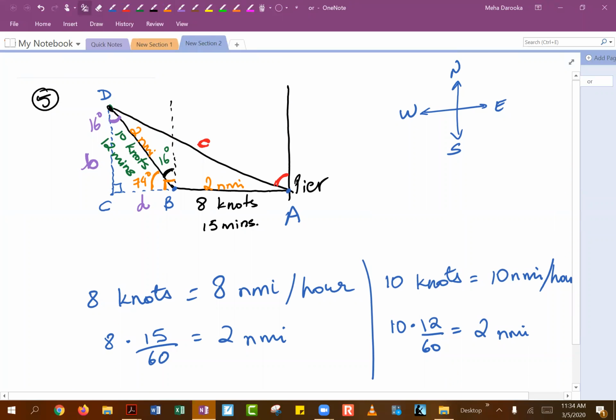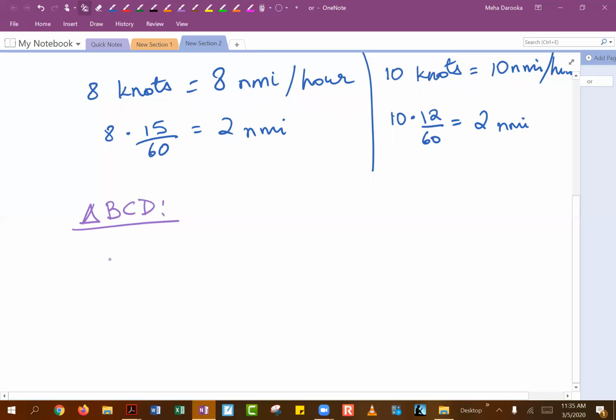Tangent of 74? Well, but then tangent is using opposite and adjacent, and both are unknown. But we do know the hypotenuse, right? So yeah, either sine or cosine would work. And I think we're actually going to need both to calculate side B and side D. So let's start with side B first.